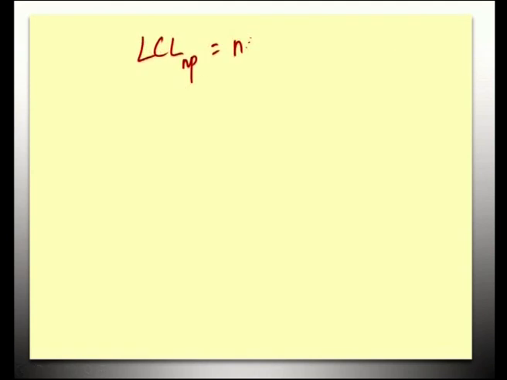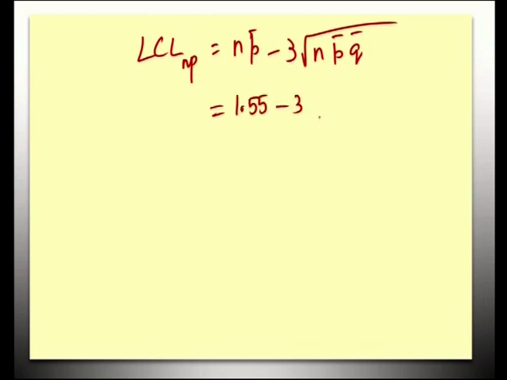Next, LCL of NP is n p bar minus 3 times root of n p bar q bar, where q bar is 1 minus p bar. So, n p bar is 1.55 minus 3 into root of 10 into 0.155 into 0.845.